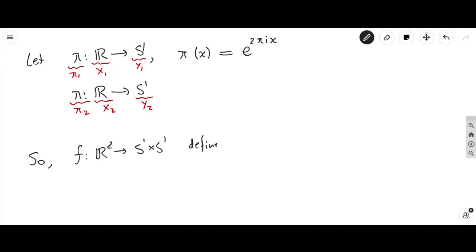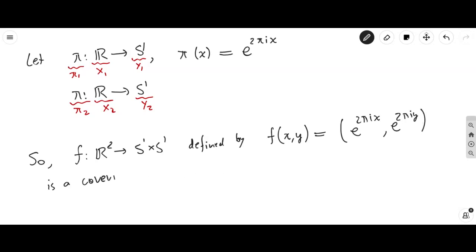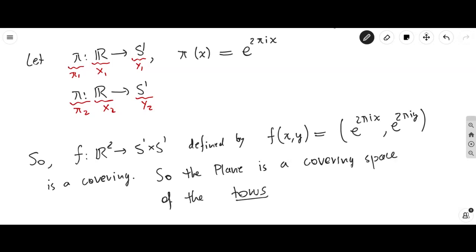So defined by F of x comma y, of a point in R2, that's equal to a pair of complex exponentials, is a covering. So what this shows is that the plane is a covering space of the torus.